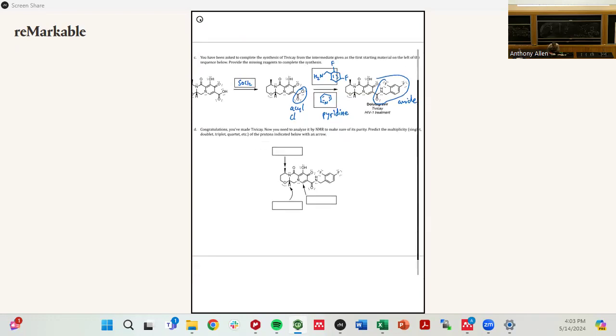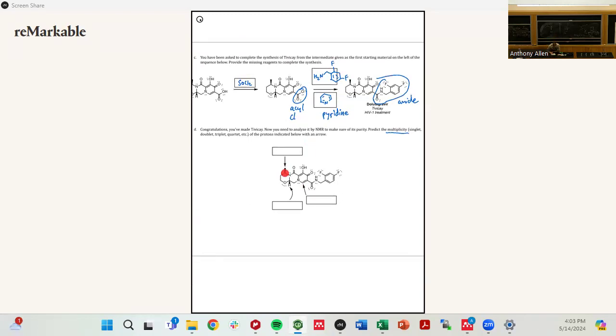This would be a really good skill to have for Thursday, being able to predict multiplicities. Although maybe they'll even be multiple choice, so you don't even have to be able to really predict, you just need to be able to match, potentially. So you want to predict the multiplicity of the protons. So here are 3 protons, that's the integration. What is the splitting though?